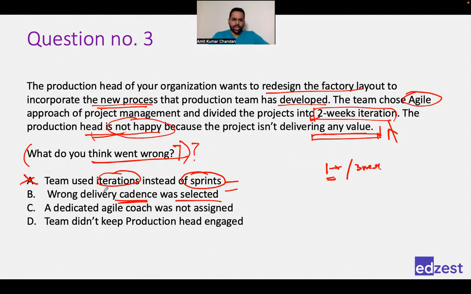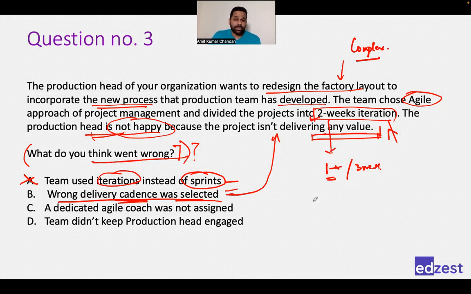Okay, now let us see whether this would result in not delivering value. Is it possible? It is very much possible that our user stories in this project are complex, which might not get completed in 2 weeks.